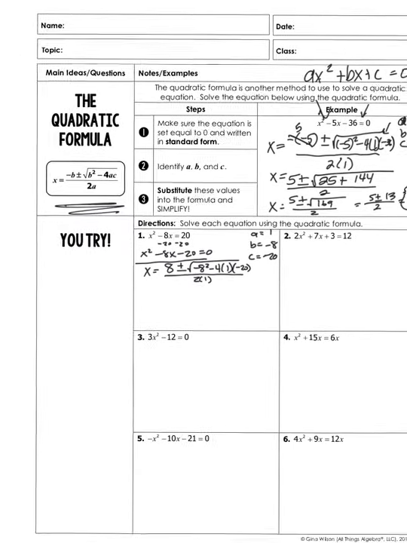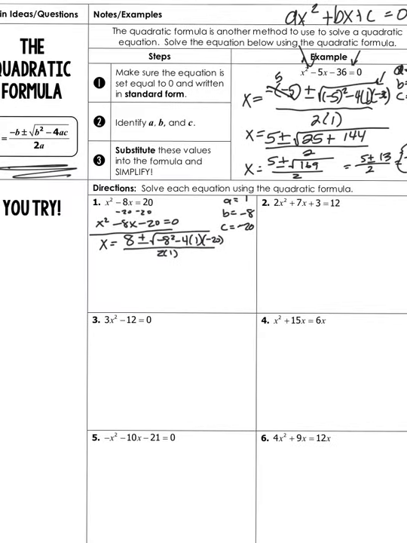So let's go ahead and start to simplify the values inside the radical. x equals 8 plus or minus the square root of 64 minus, actually plus 80, all over 2. x equals 8 plus or minus the square root of 144 over 2.